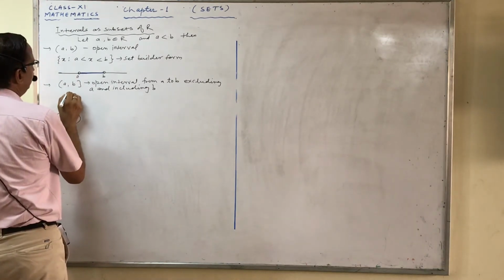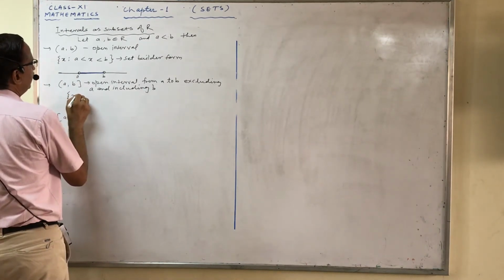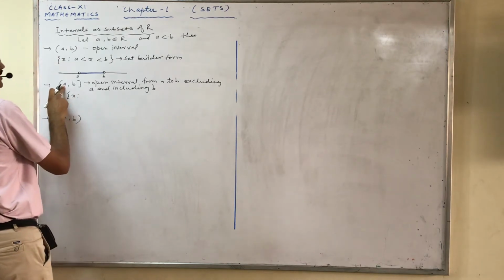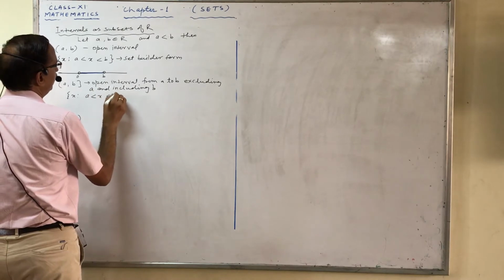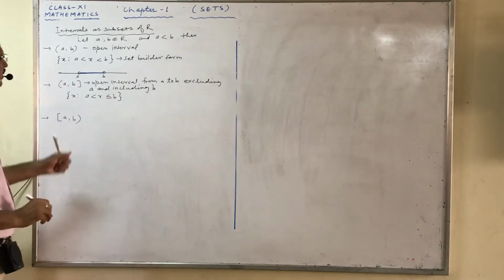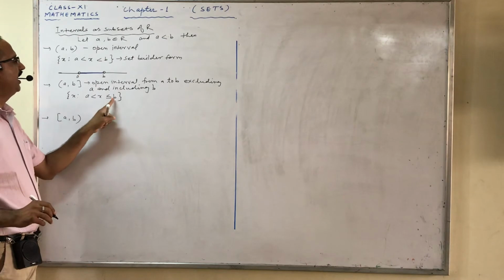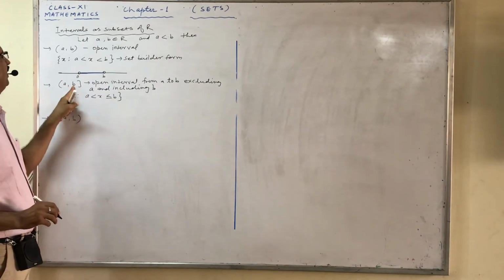In set builder form, we can write X such that A is excluded and B is included. It means X is greater than A and less than equal to B. B is included.